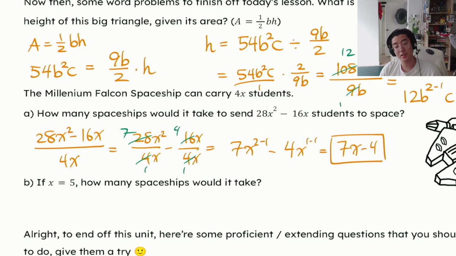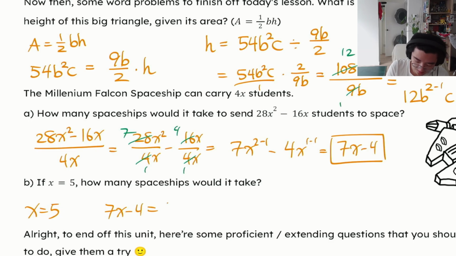And why do we even do this? It's because, let's say x is 5. If we were just to plug it back in, this is the same thing as 7 times 5 minus 4, which is 35 minus 4, which is 31 spaceships.